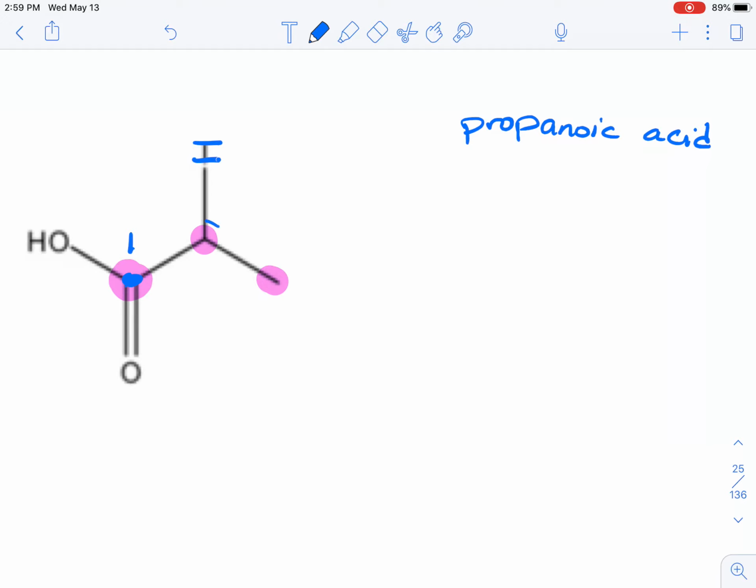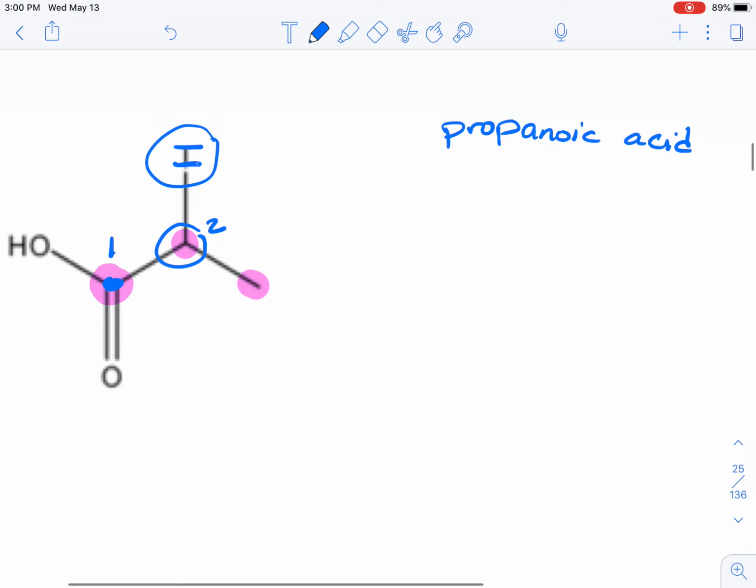And so looking at this specific carbon, carbon number 2, we have an iodine, so this is iodo. So to finish naming this organic compound, we're going to write 2-iodo propanoic acid.